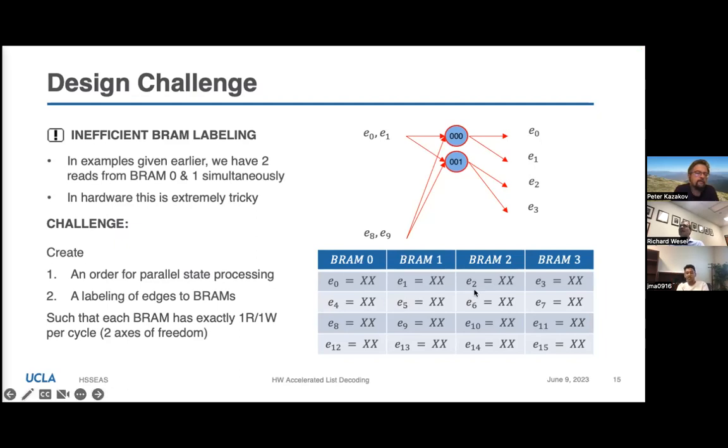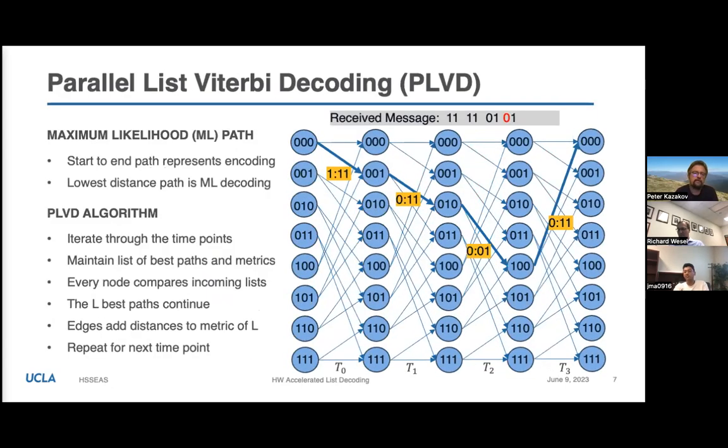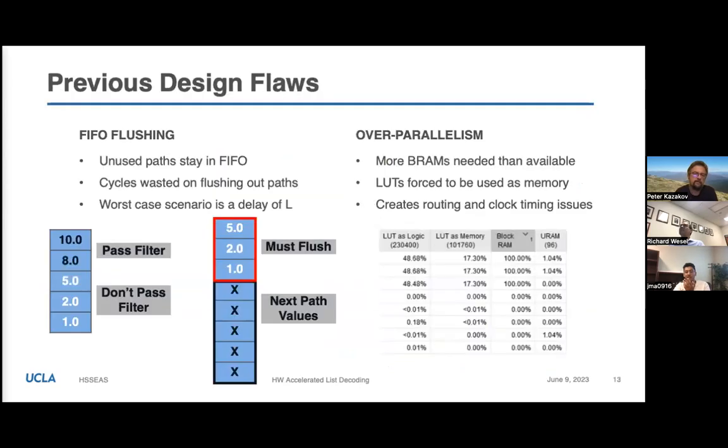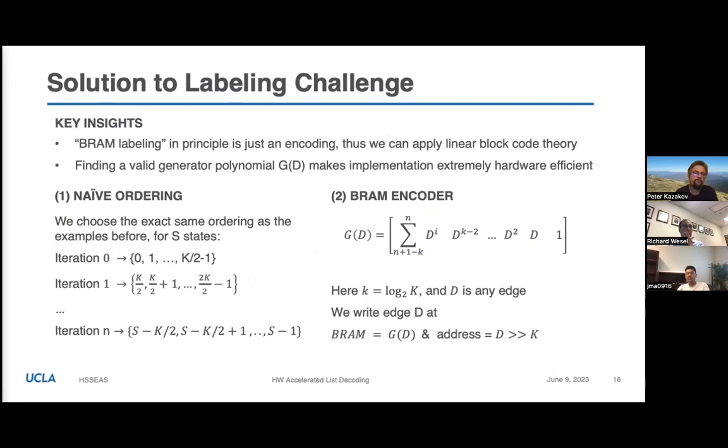For example, here edge 6 is in VRAM 2. If we represent VRAM 2 in bits, as 1, 0, that's effectively the same as creating an encoding for an edge. And we already have a representation of encodings for edges: convolutional encoding in and of itself gives us a way to think about how to encode edges in this trellis structure. That was a key insight.